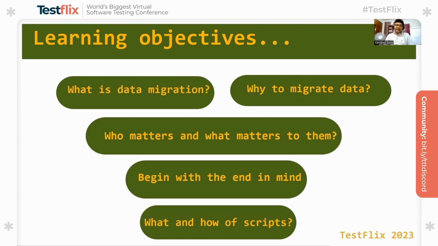Begin with the end in mind: what exactly it means, how it is being used practically when it comes to data migration testing, and the what and how of scripts. That would be the last part of the overall talk.